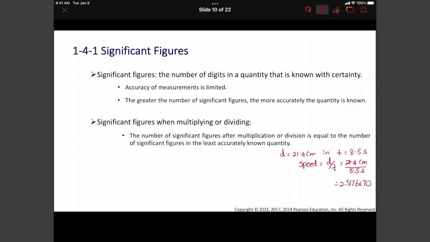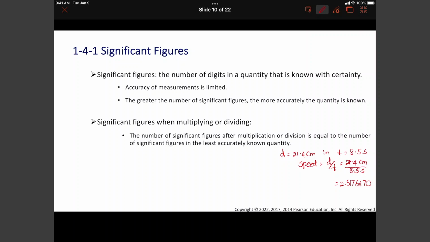So clearly such an accurate value for the speed is unjustified, considering the limitations of our measurements, because D has only 3 significant figures and T has only 2 significant figures. So we need to apply the significant figure rule to determine the number of significant figures in the final answer.